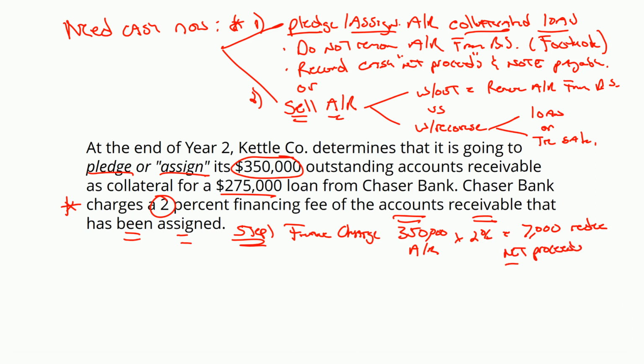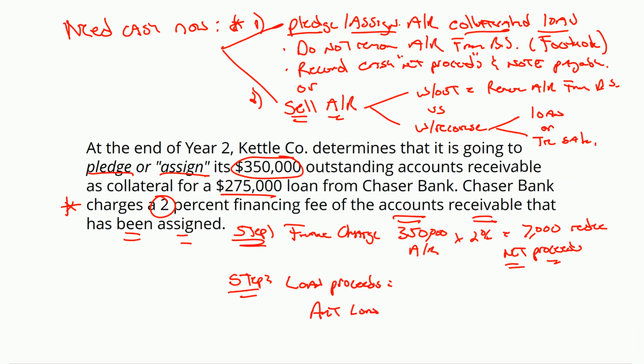Step 2: what are our loan proceeds? The amount of the loan was how much? $275,000. We then subtract the $7,000 finance charge, and the net proceeds are $268,000. That's our net proceeds.